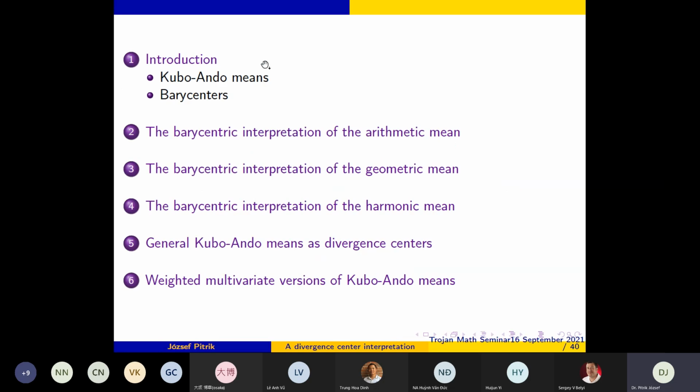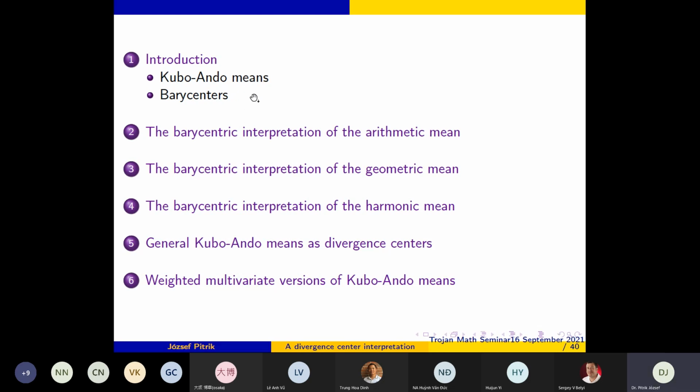Here you can see the content of my talk. Before diving into the subject matter, it is worth discussing the basics of operator means, especially Kubo Ando means, and barycenters. So at first I will talk about these things.